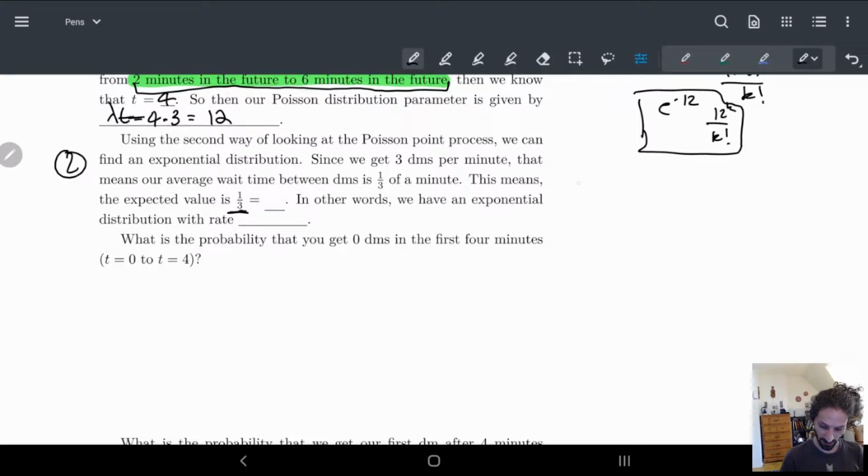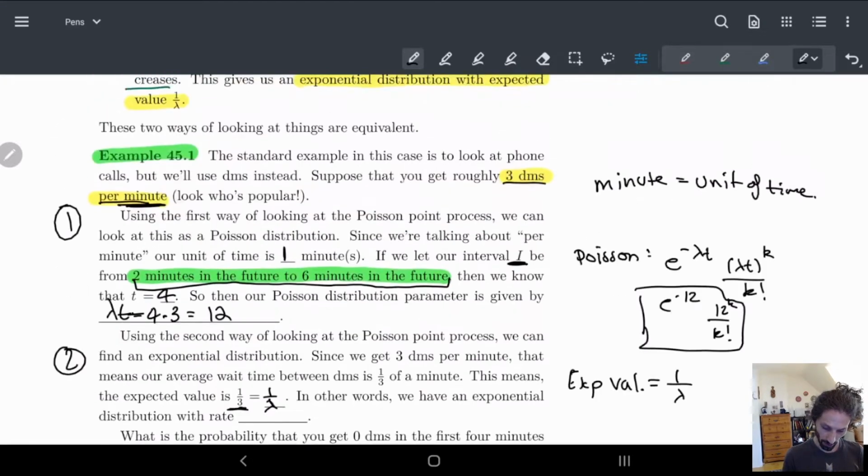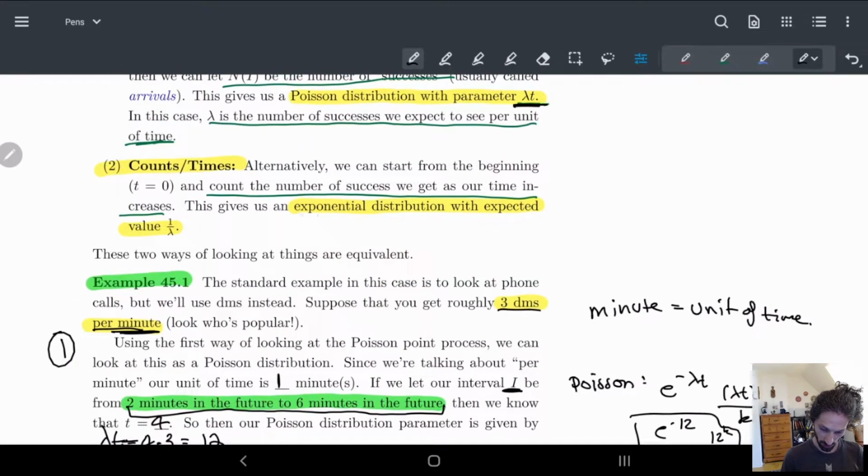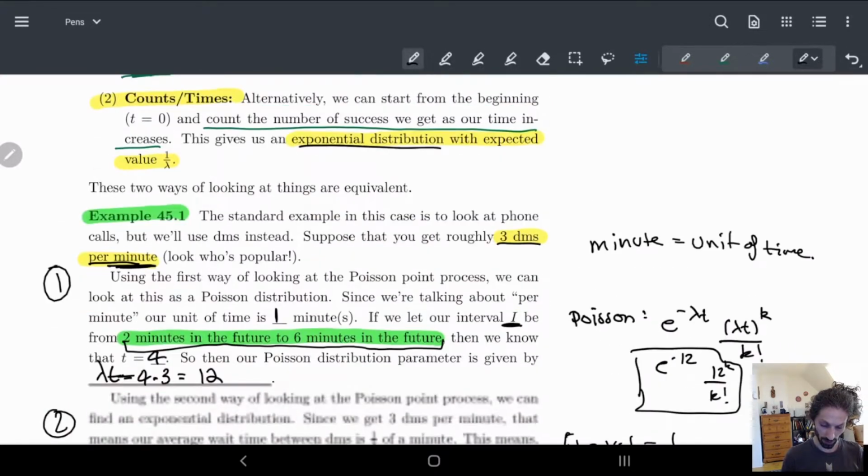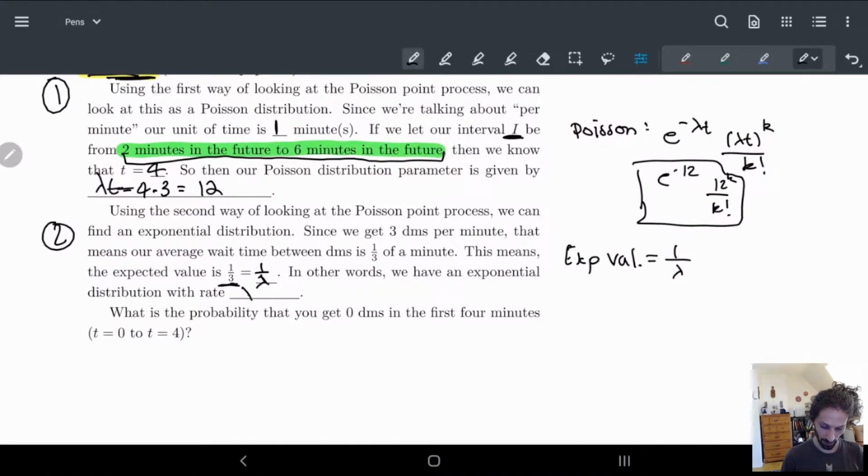And we know the expected value is equal to 1 over lambda. So here 1/3 is equal to 1 over lambda. So from before, we know the exponential distribution is going to have rate lambda equal to 3. So it's the same lambda as before.